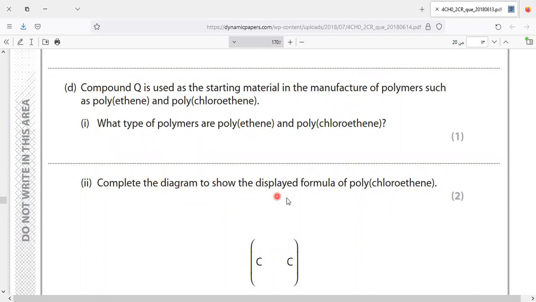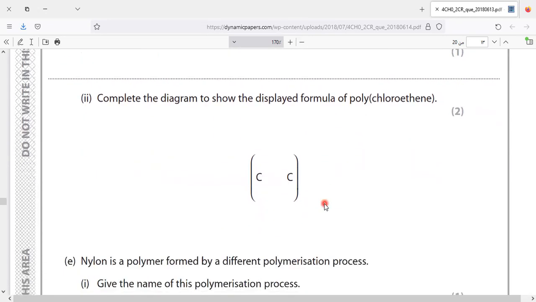Complete the diagram to show the structural formula of polychloroethene. What do I have to do here? Does he need the monomer or the polymer?